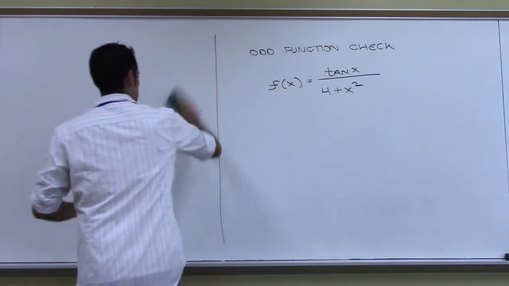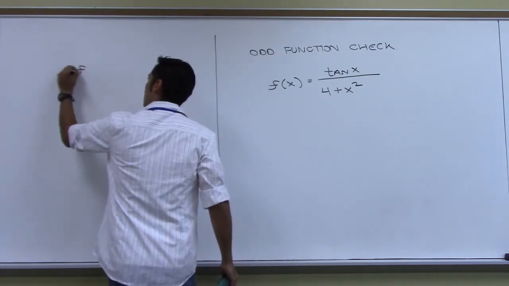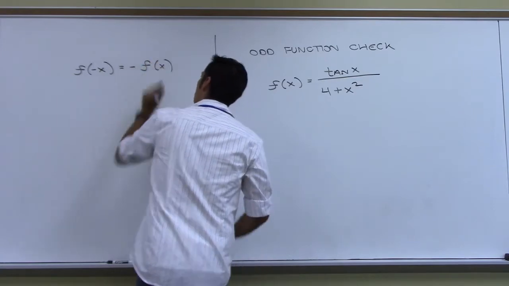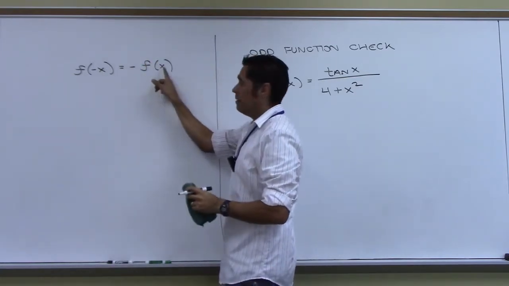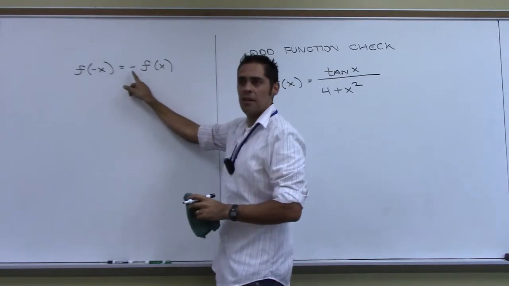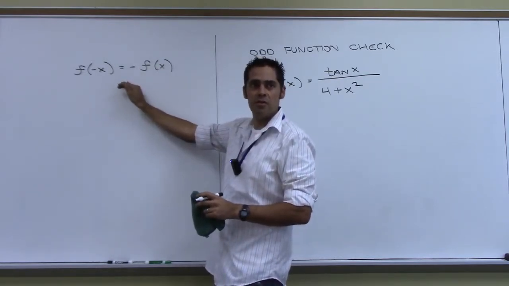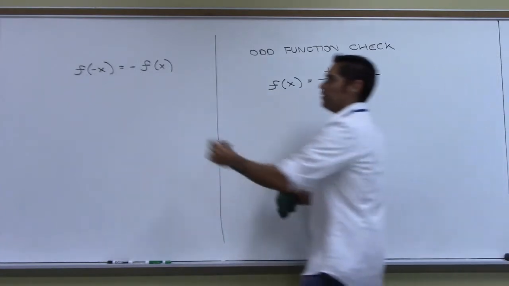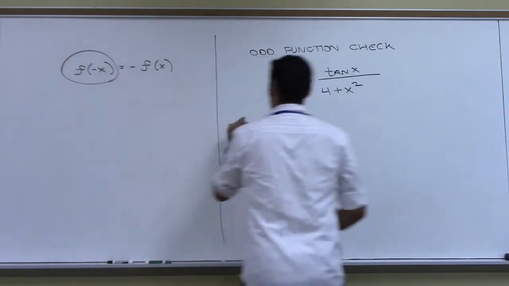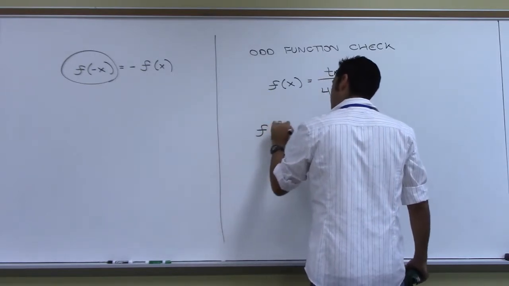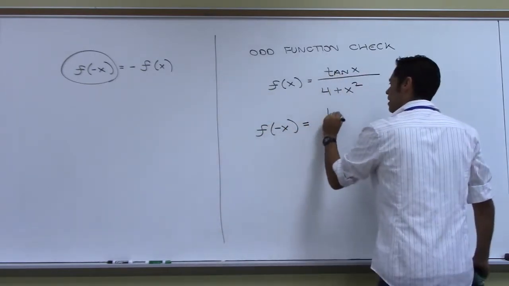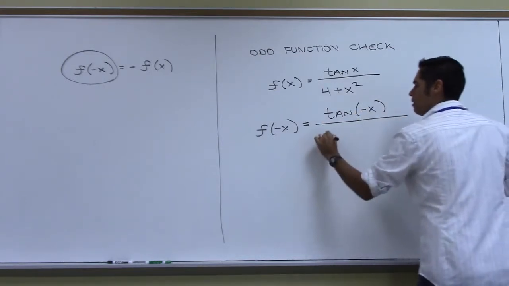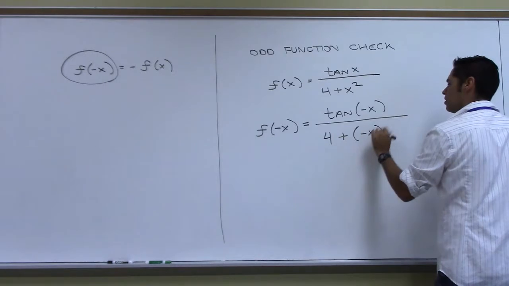To be odd means that when you plug in negative x, it's the same as the function without the negative, but with the sign changed. This is the definition of an odd function right here. So if that's the function, let me check this first. f of negative x would be tangent of negative x over 4 plus negative x squared, right?